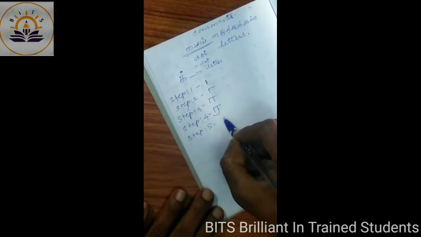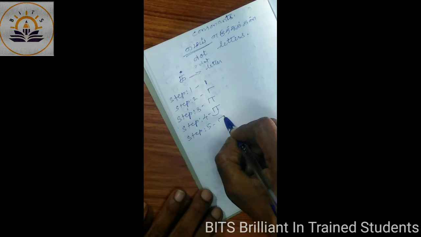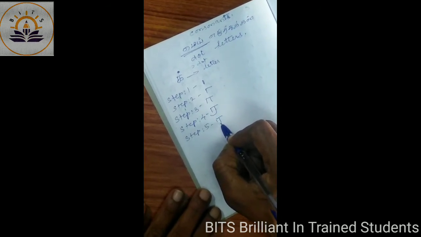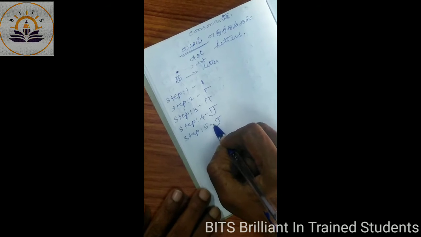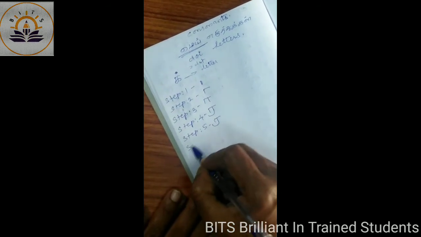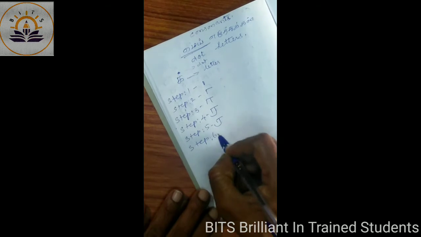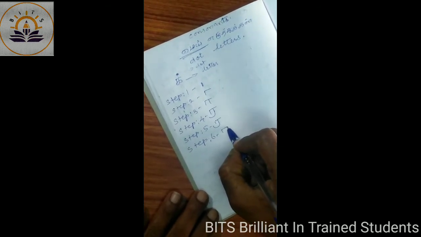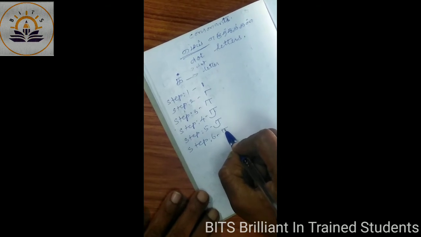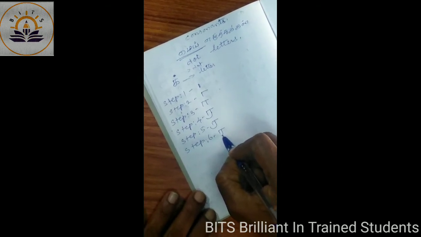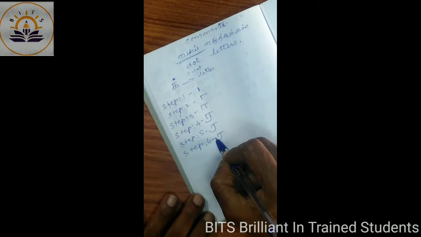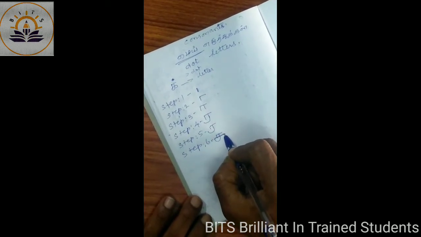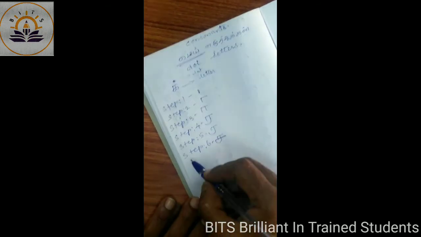Step 5, here one sleeping line, another one standing line, come down with half circle. And then step 6, one standing line, then sleeping line, then standing line, and come down half circle and straightly come, cross that line as sleeping line.